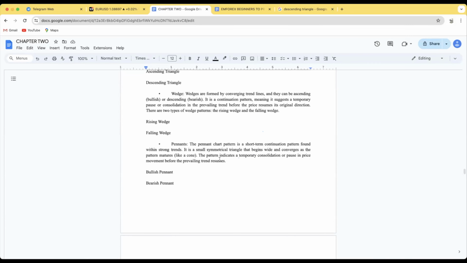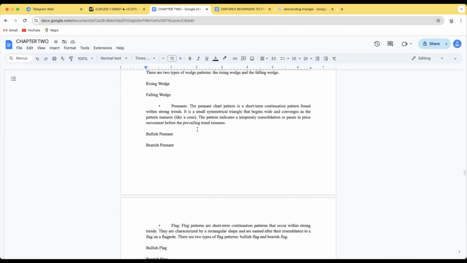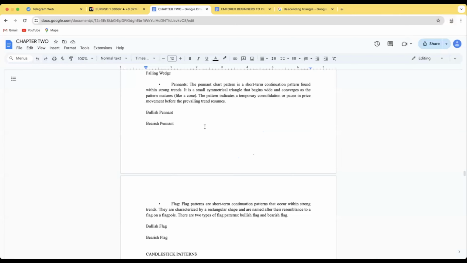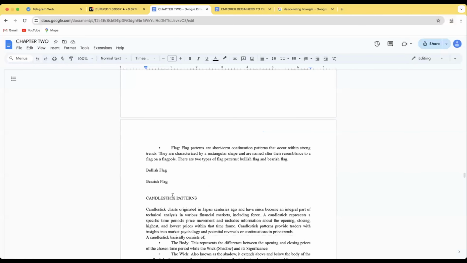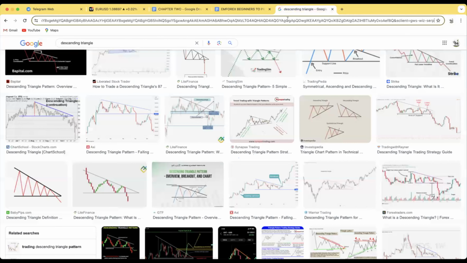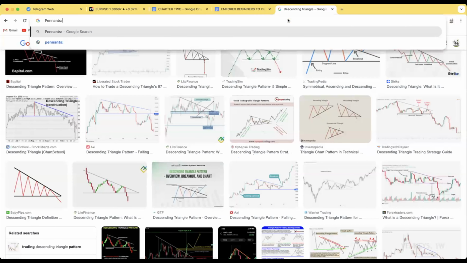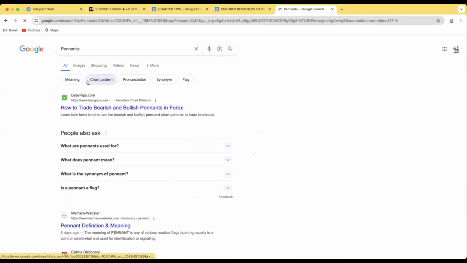The pattern indicates a temporary consolidation or pause in price movement before the prevailing trend resumes. It's still the same thing as that triangle. So we are looking for pennants. Let's go to Google and get a clearer picture of what it's all about. Chart patterns.